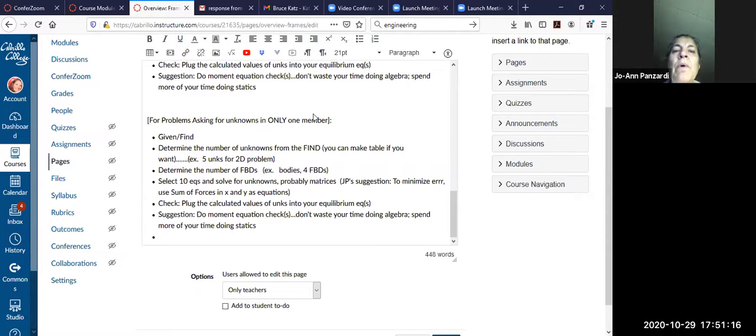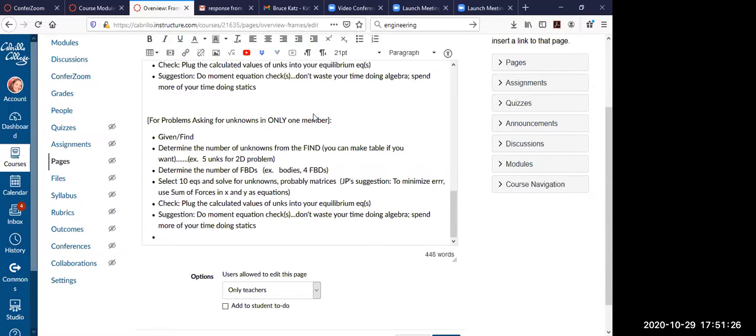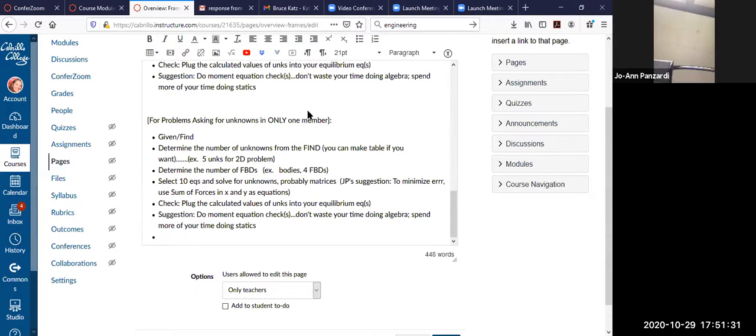Okay, let me be the host, right? Yes, just switch your computer to be the host. Okay, can't believe I remembered that part.